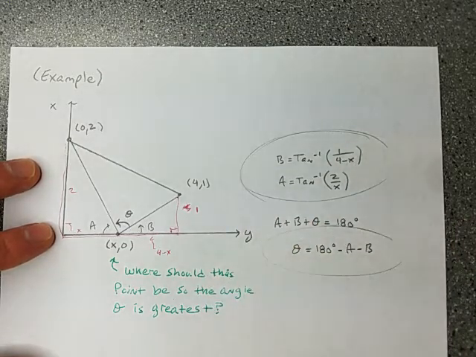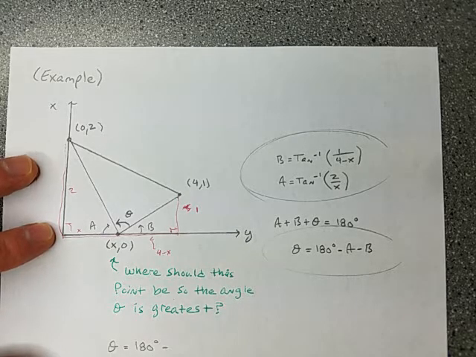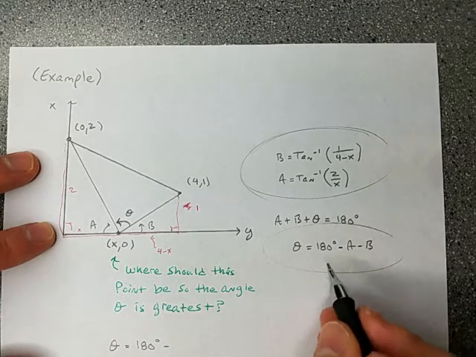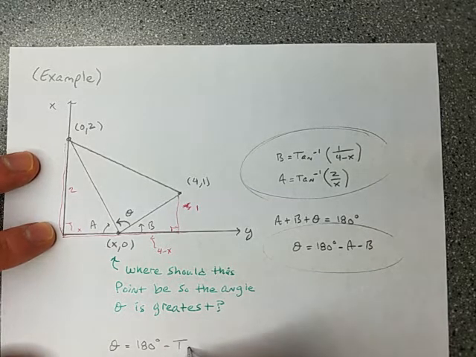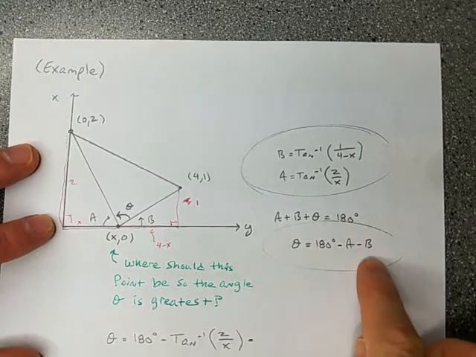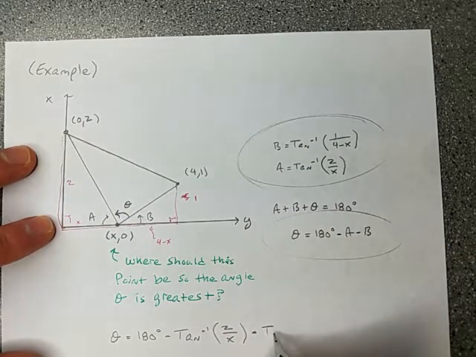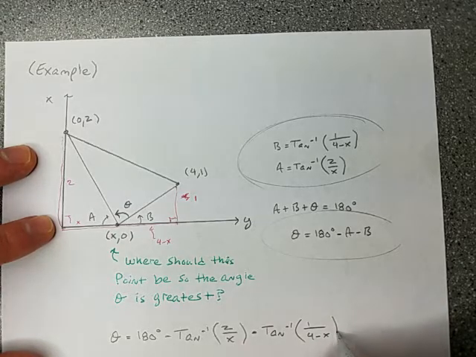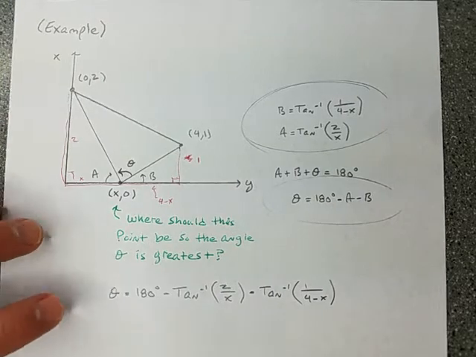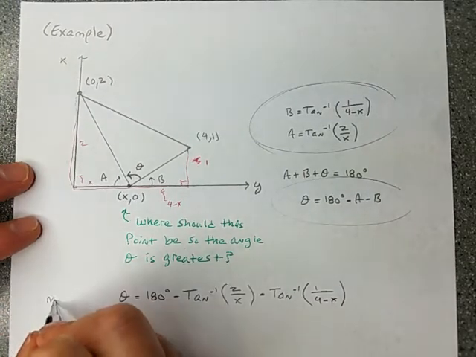Theta is equal to 180 degrees minus A, tangent inverse of 2 over x, minus B, which is tangent inverse of 1 over 4 minus x. And this is the thing I want to maximize.